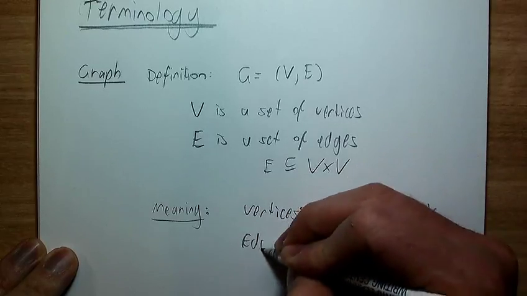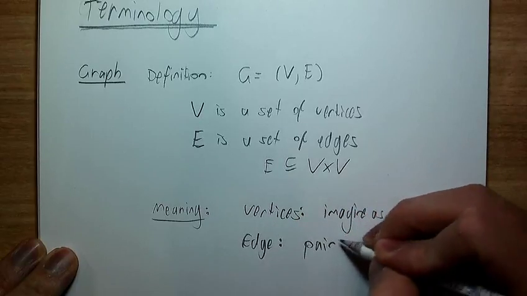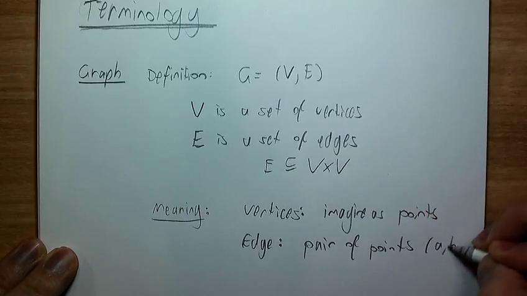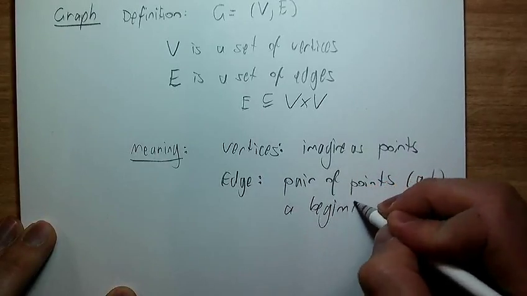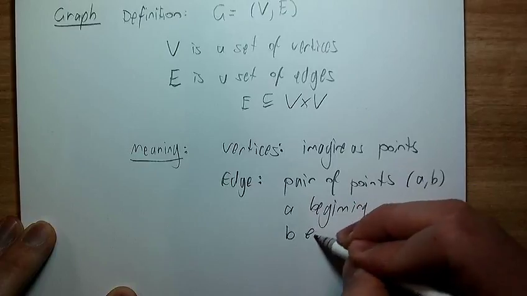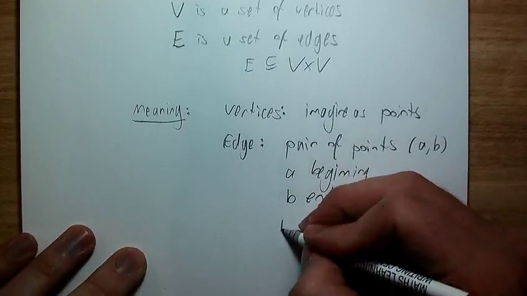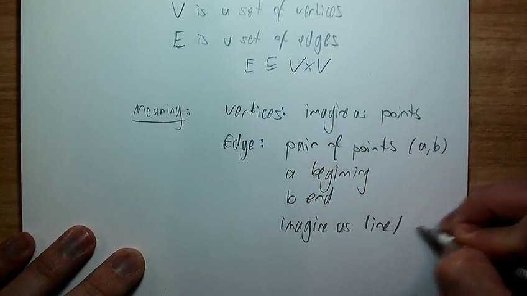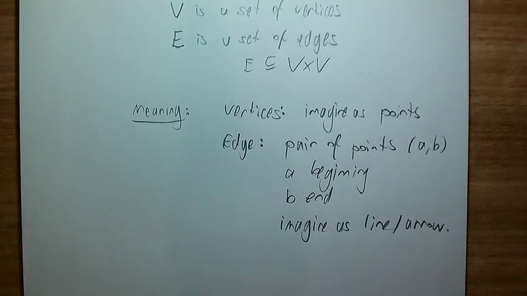An edge is a pair of points, so something like A, B, where A is the beginning of the edge and B is the end of the edge. But what we do is we imagine them as lines. Line or arrow. Rightio. That's what it means.